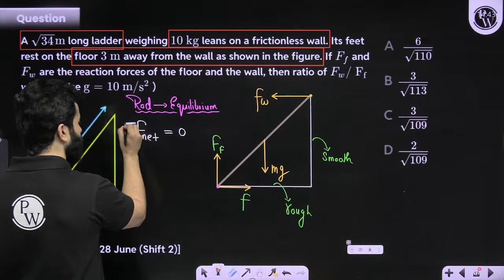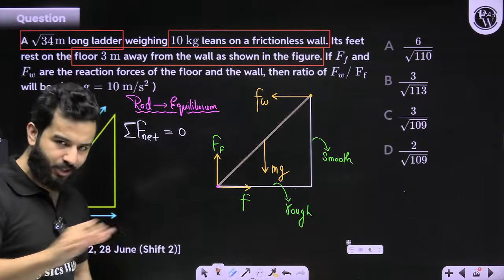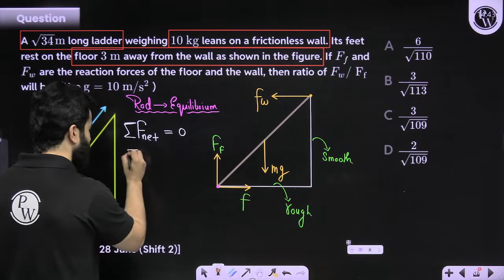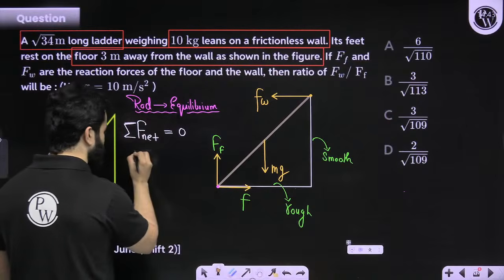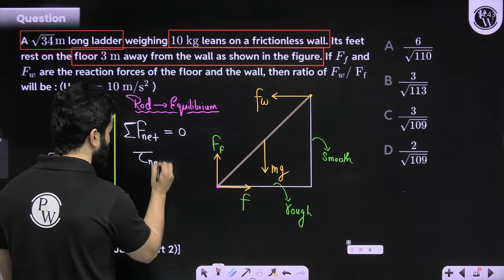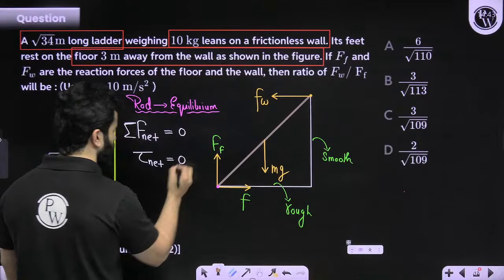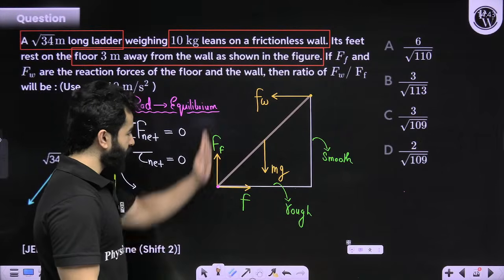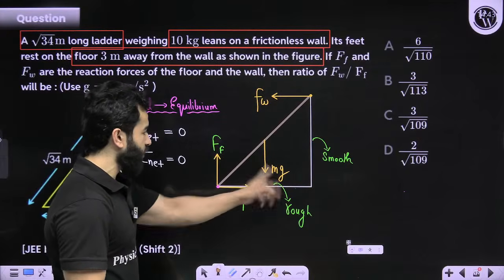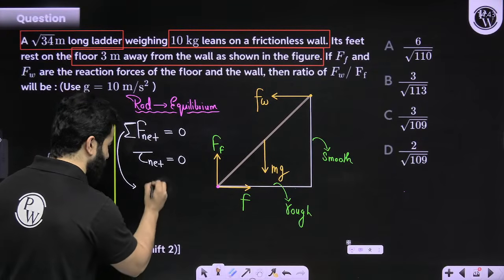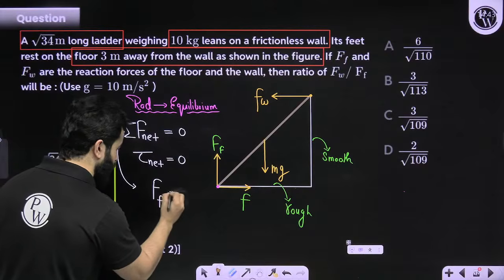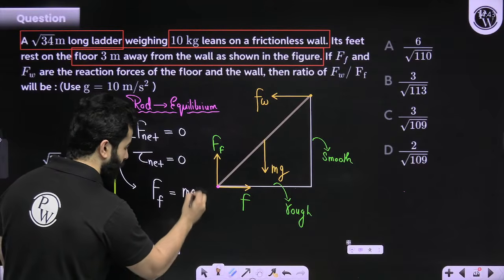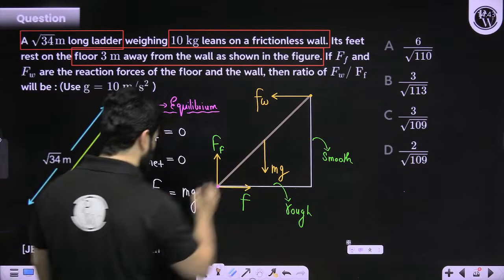Summation of all the forces along the x, y and z axes is going to be 0. Second, net torque is going to be 0. So let's first use this equation. Upward direction force is F, downward is only mg. That means F is equal to mg. This is Fw.